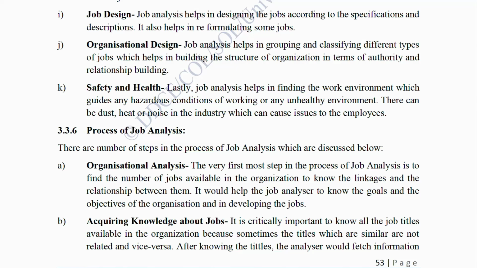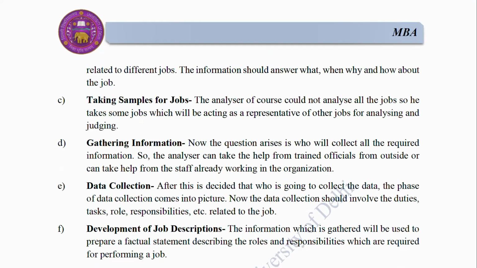Second, acquiring knowledge about jobs. It is critically important to know all the job titles available in the organization, because sometimes the titles which are similar are not related and vice versa. After knowing the titles, the analyzer would fetch information related to different jobs. The information should answer what, when, why and how about the job.